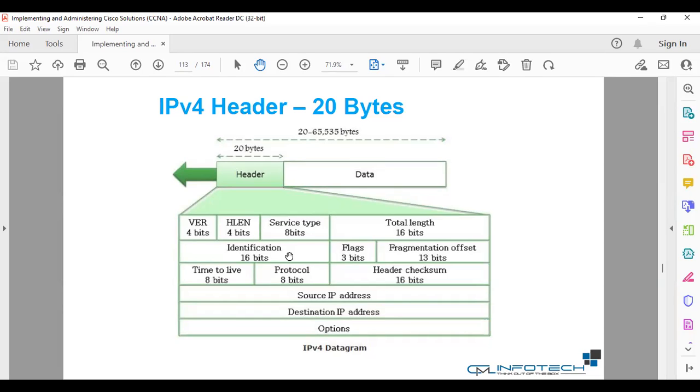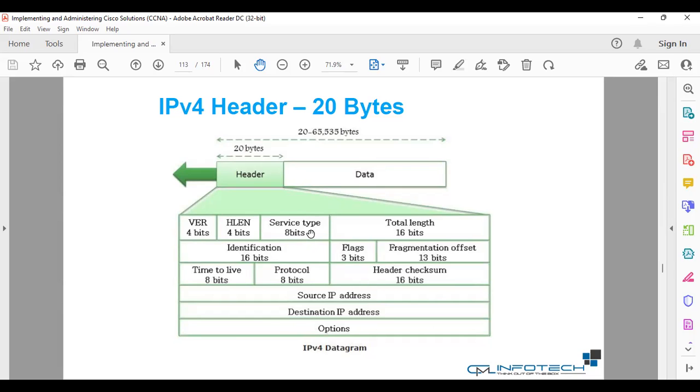If I'm sending 5 pieces of data, I have to inform the receiver I have sent only 5, so we'll put a number like 1, 2, 3, 4, 5. These numbers are identified at the transport layer by the name of sequence. But in the network layer, we address it with the identification.